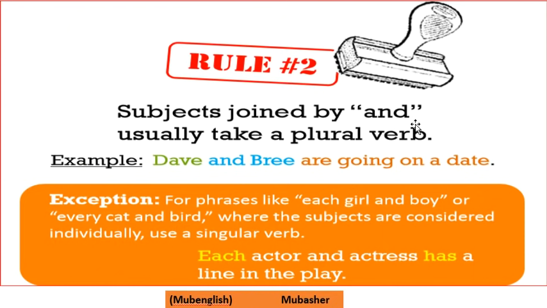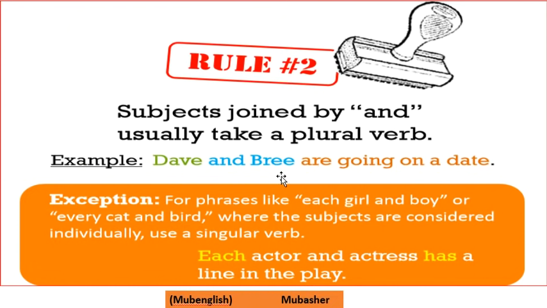So when we are combining subjects with and, like Dave and Bree are going on a date, Dave plus Bree are now combining together to make a plural. That's why we are not using the verb according to Dave or according to Bree, we are using it according to both of them.